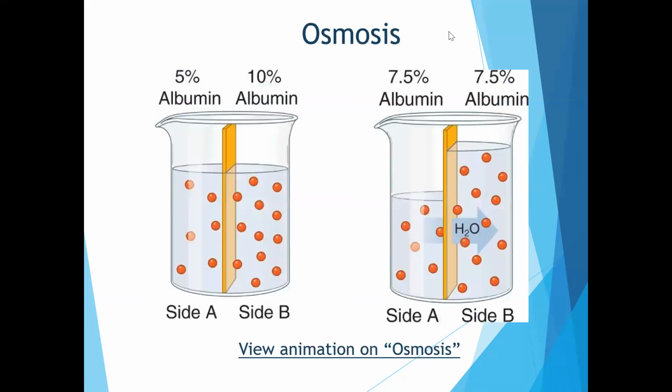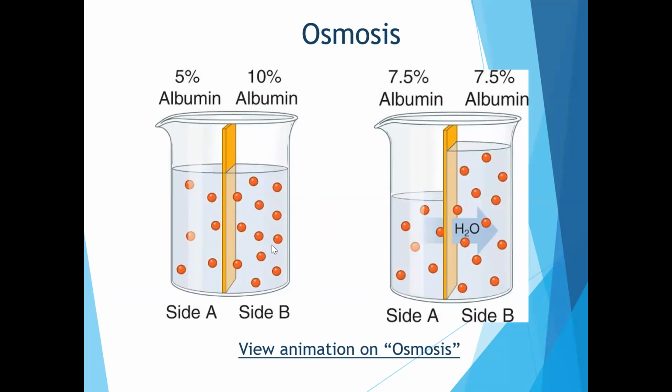Okay, osmosis is a similar concept to diffusion. The big difference is that this time, rather than particles doing the movement, you're going to see water do the movement. There's also a membrane involved, so think of your cell membrane. In this case, we have a 5% solution on one side and a 10% solution on the other side.